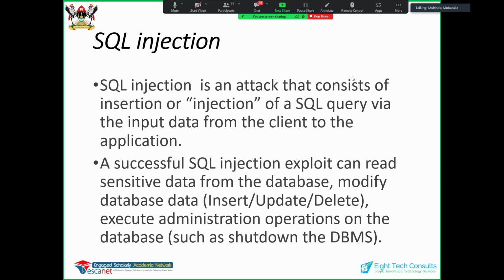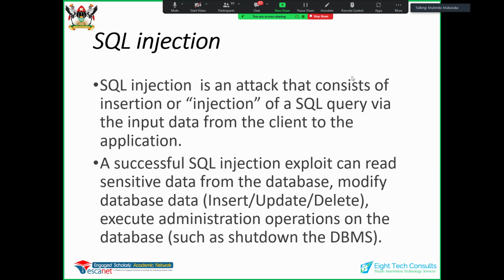You see what we've been talking about. If someone successfully finds a way to do SQL injection on your system, it means he can do the following. He can insert data. You see, it's dangerous, eh?